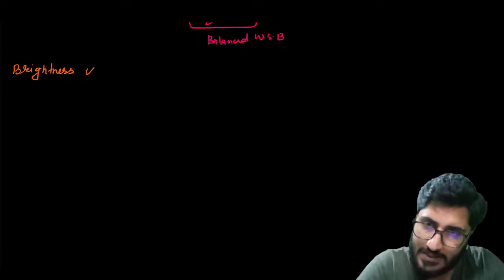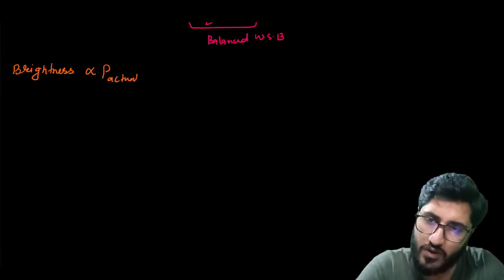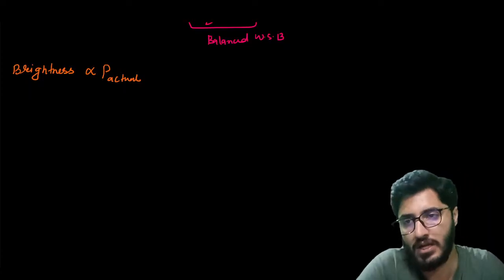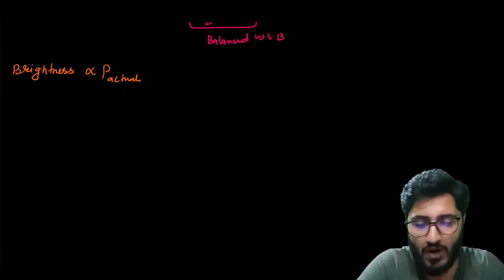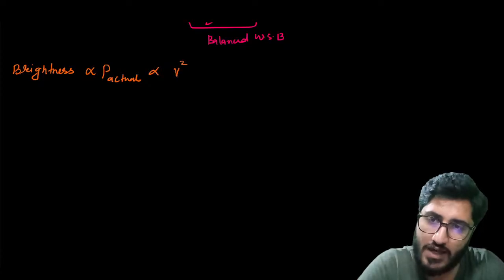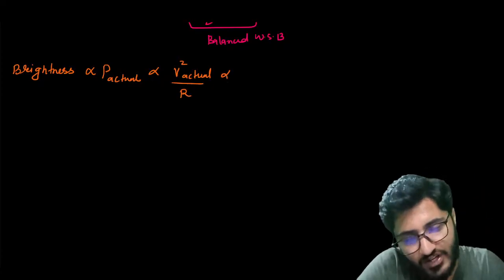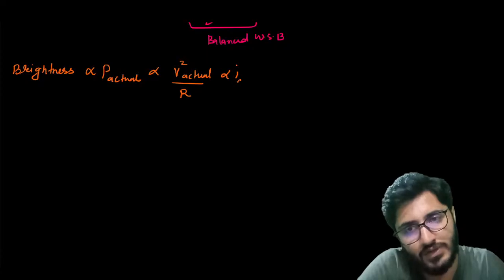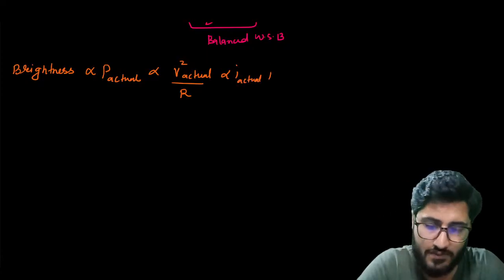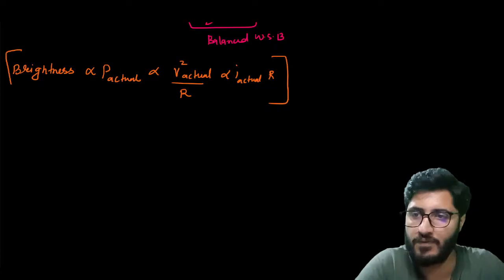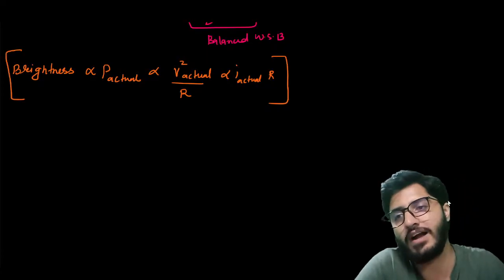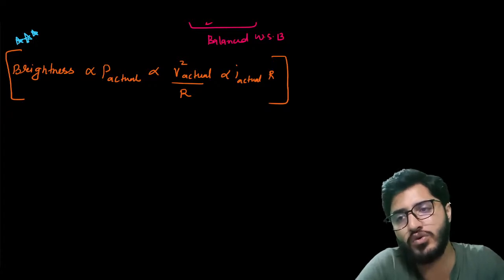Brightness is directly proportional to the actual power, and actual power is V square by R. So V square, the actual voltage, divided by the resistance of your bulb, which is equal to I square actual into R. If you need to find the brightness of your bulb, this equation you need to memorize.